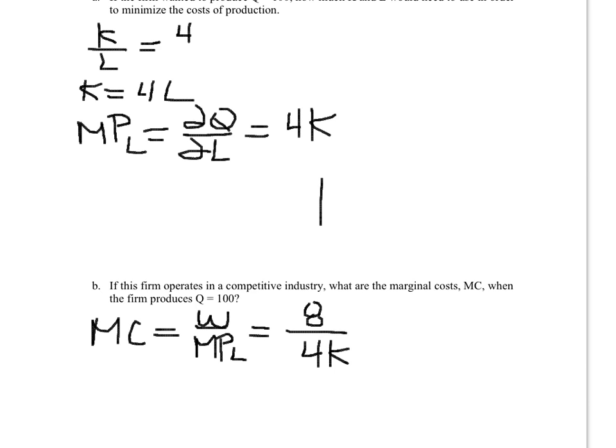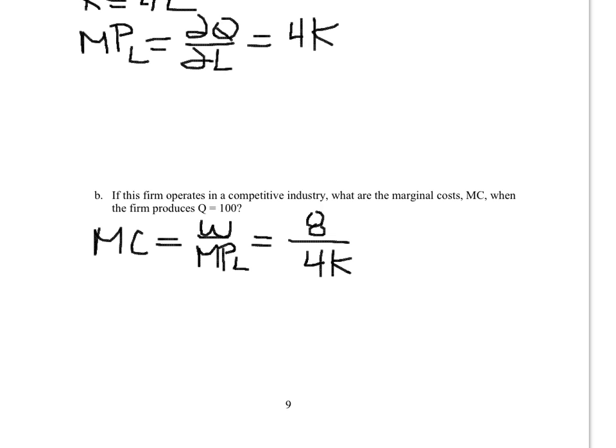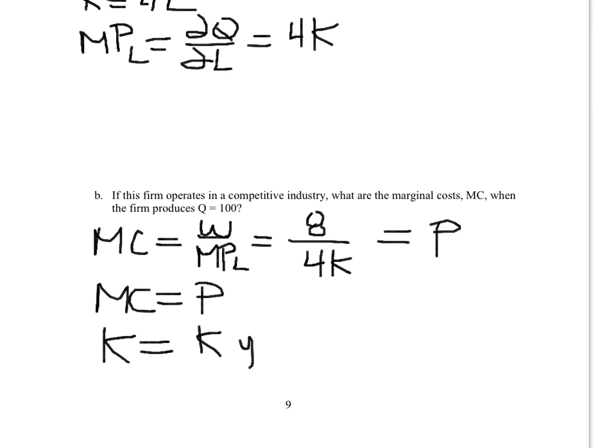And then once you find the marginal cost, then you know that marginal cost equals price. So basically this value that you have here is also equal to the price, right? Now remember that this K here is the K you find in part A, which is the value of K when Q equals 100.